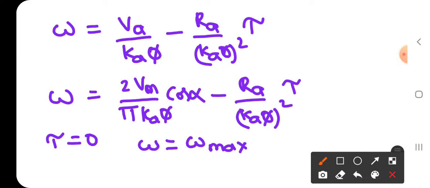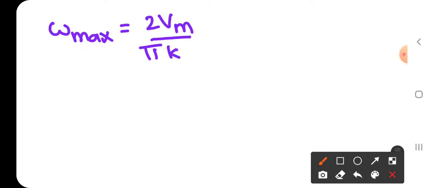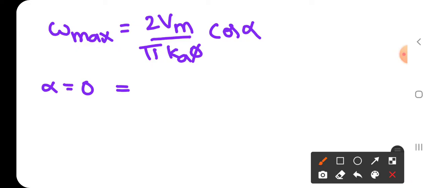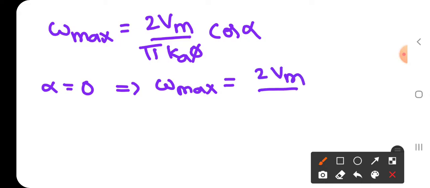Maximum speed is there. Then what is the maximum speed? The maximum speed of the motor is given by 2 Vm by pi Ka phi into cos alpha. So when alpha is equal to 0, the maximum speed of the motor is 2 Vm by pi Ka phi.